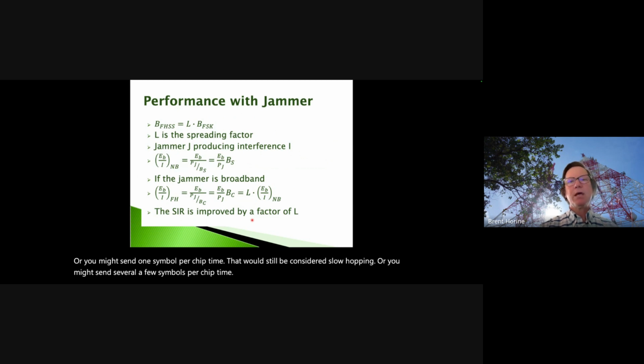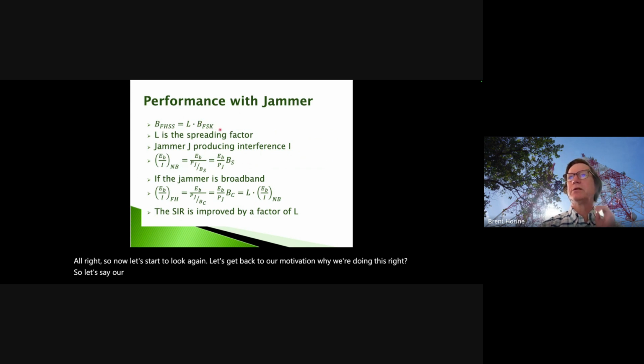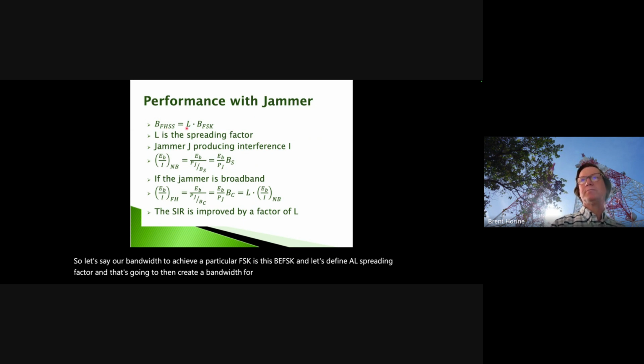All right, so now let's get back to our motivation, why we're doing this. Right, so let's say our bandwidth to achieve a particular FSK is this B FSK, and let's define an L spreading factor, and that's going to then create a bandwidth for our frequency hopping spread spectrum system.